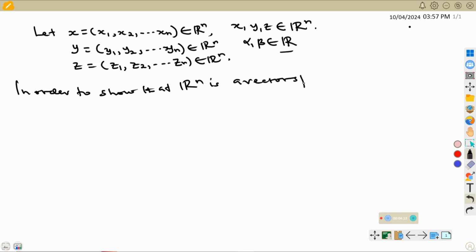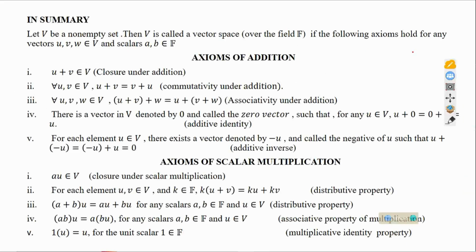In order to show that R^n is a vector space, we must show that the axioms hold. We must show that all the axioms that we have here, that is u plus v is equal to v plus u, all of this must hold.